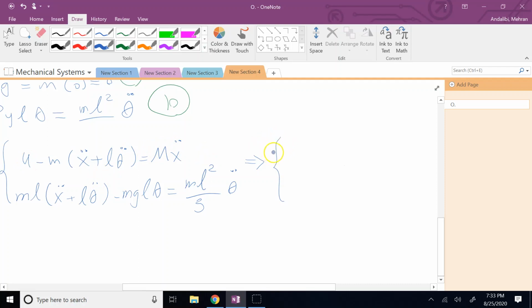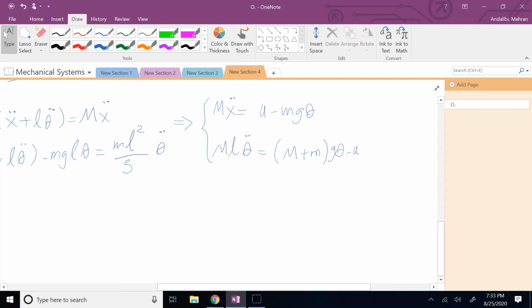If you do so, you will get M x double dot is equal to u minus m g theta, and M L theta double dot is equal to (M plus m) times g theta minus u.